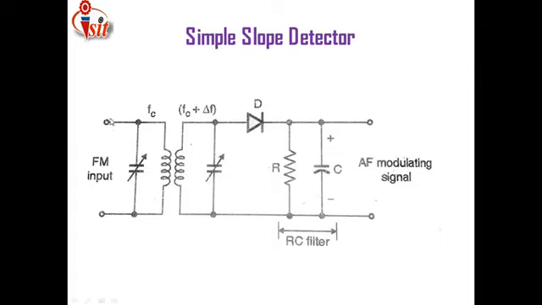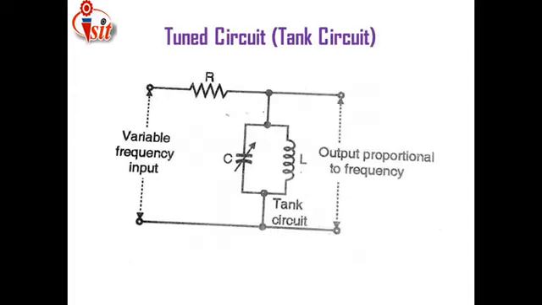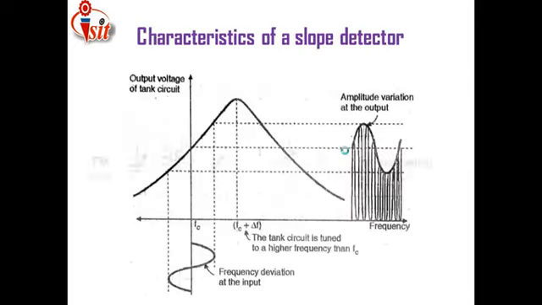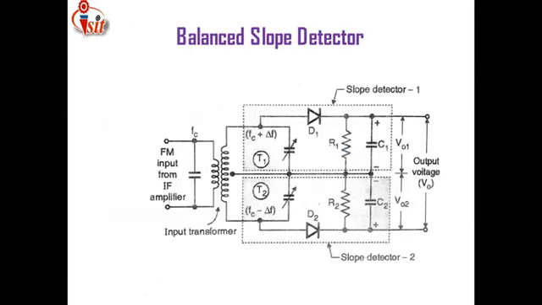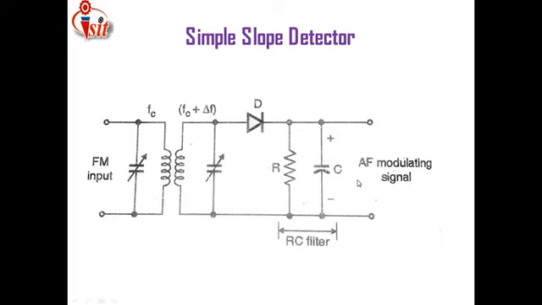That means we apply only a limited frequency range here. As I told you about the tank circuit, the output frequency is proportional to the input over a variable frequency range, so there is a limitation between the input applied and the output we get from this circuit. Thus this circuit gives us a limited frequency range as output.